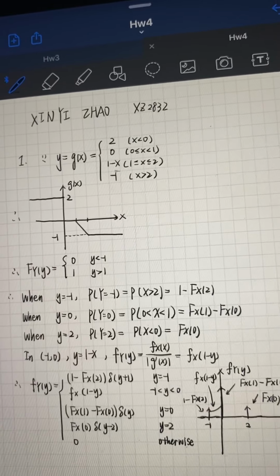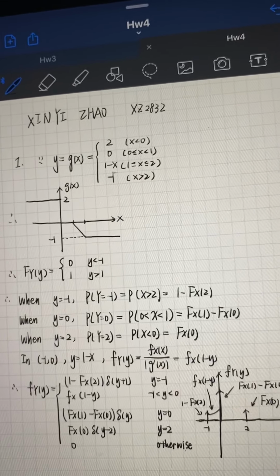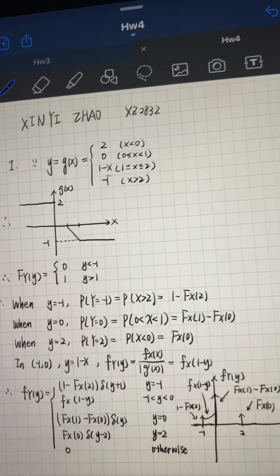The result is upper fx 1 minus upper fx 0.